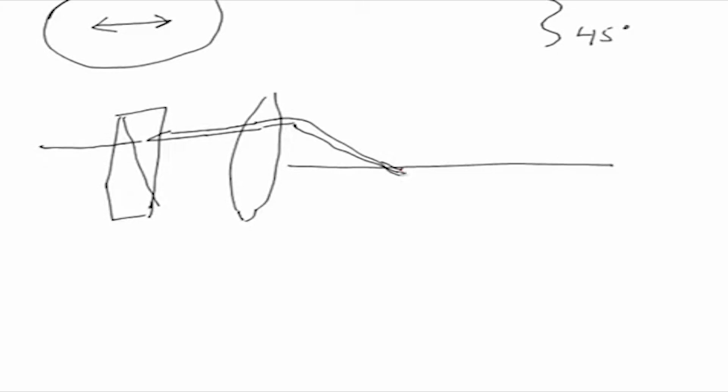Finally, it passes through the objective lens, where it is still only sheared, and then it is combined by the next one, which is Wollaston prism number 2.